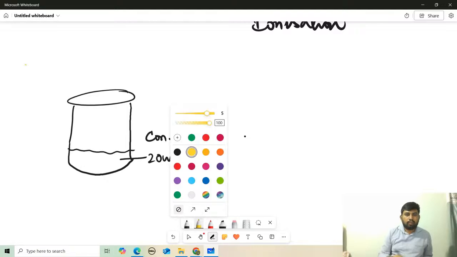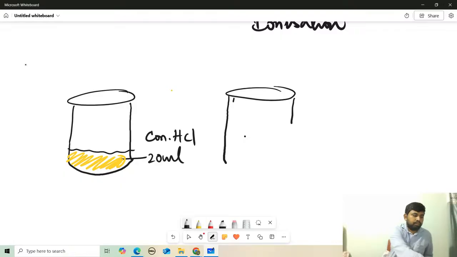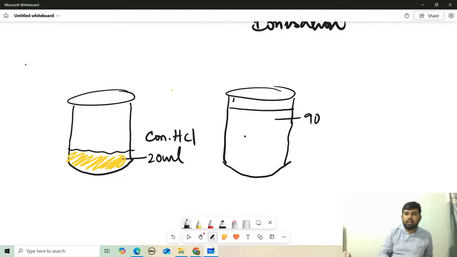I'm going to add this to another beaker, which contains, say, 80 ml of water.